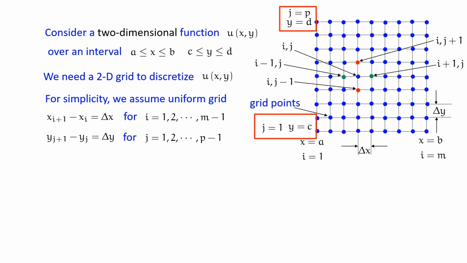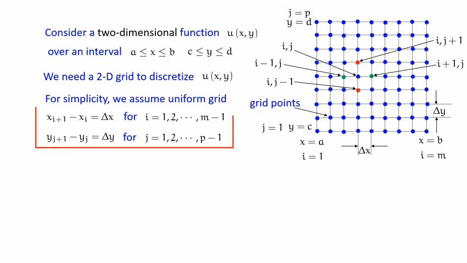Since we have taken a uniform grid, x(i+1) minus x(i) is always delta x, and y(j+1) minus y(j) is always delta y. So index i indicates x and index j indicates y.